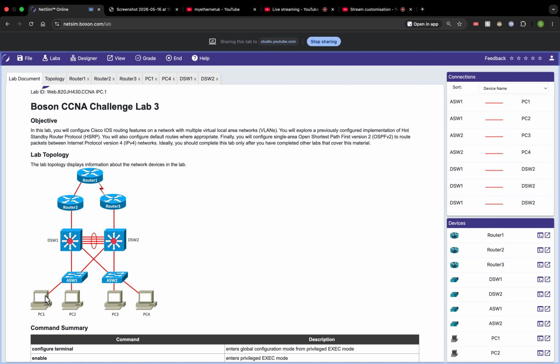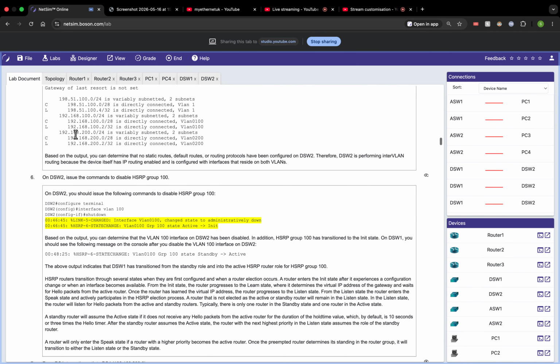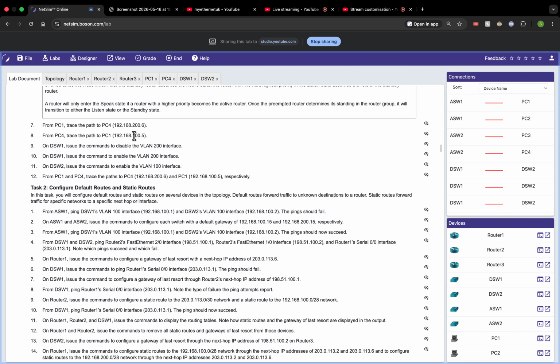So what we need to do next is run that traceroute again on PC1 to 200.6. It's gone through 100.1 this time, and then to 200.6. So it's taken a different route. Remember, we made DSW1 no longer the active router for group 100.